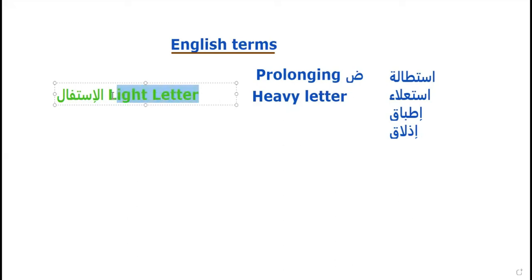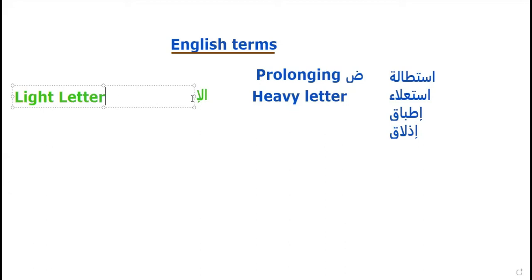I'm going to just write this separately because Zoom has problems of orientation from left to right, right to left. So heavy letter is isti'la and light letter is istifal. Also, when you add al, it kind of confuses the students, and you might have heard me, I don't use al, I just say isti'la and istifal.